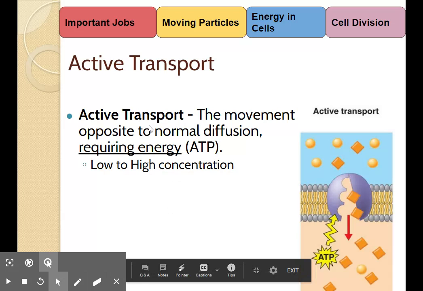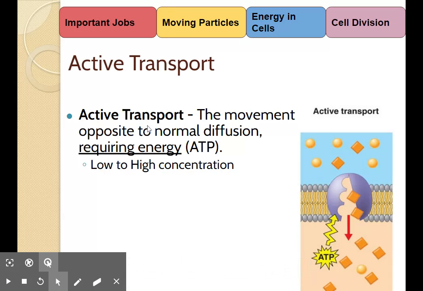So now we talk about active transport, the movement opposite to normal diffusion. We said diffusion wants to go from high concentration to low concentration, to reach that homeostasis balance, so there's an equal number of particles. And now we have to talk about, what if we don't want to go that way? We want to go the opposite.